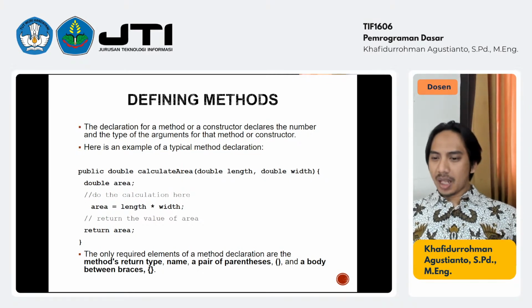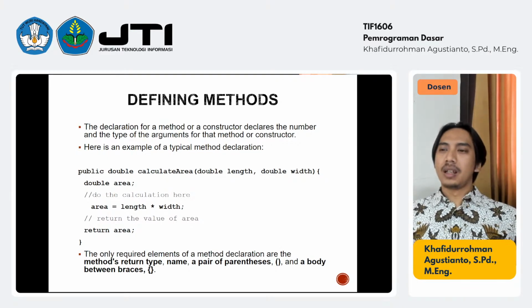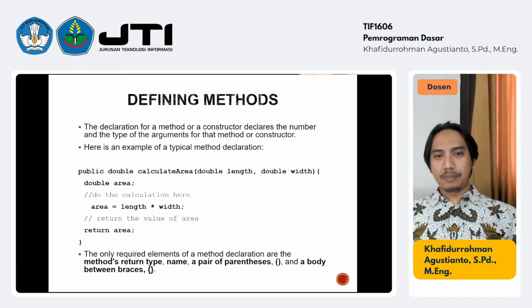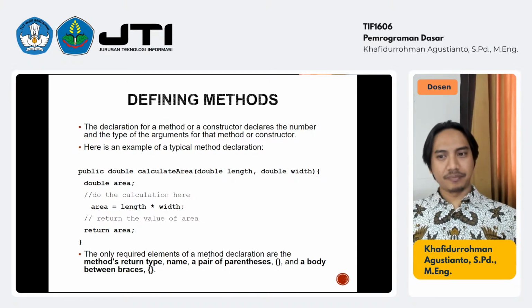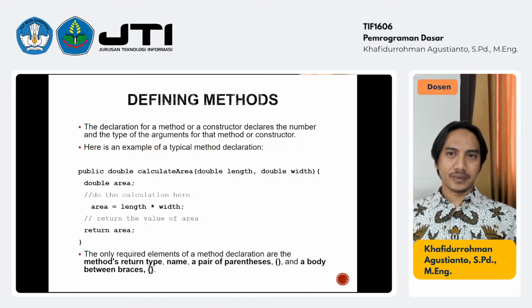The only required elements of a method declaration are the method return type, name, a pair of parentheses with parameters, and a body between braces. But I have a casual definition of methods.